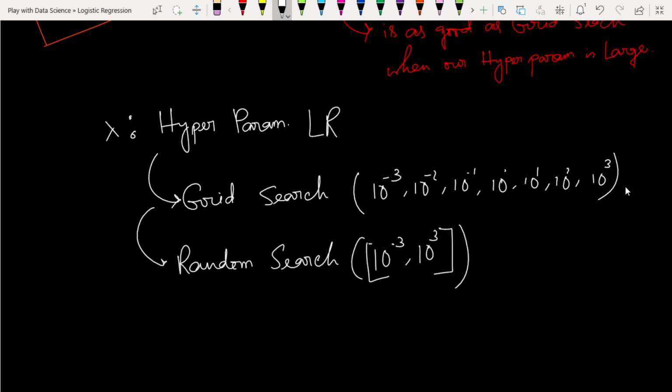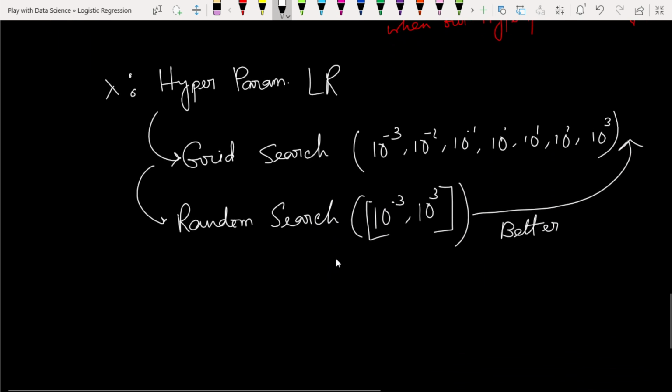And we find that random search is better than grid search when our set of hyperparameters is large. This is the better indicator, and it is better than the grid search technique.